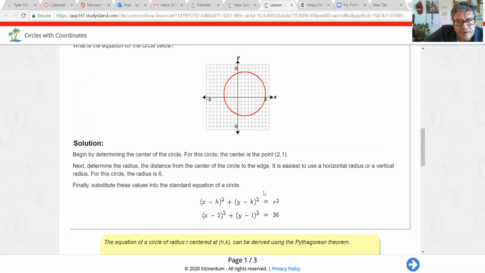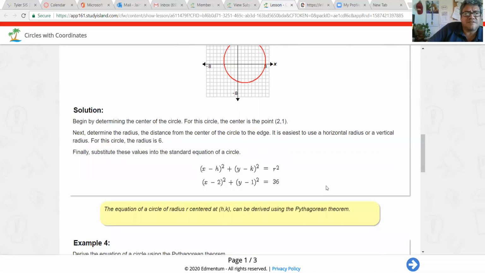So you replace the values for h and k, 2 is h, 1 is k. You put those values in, you count how far the distance is, which the radius is 6, since the diameter is 12. And that becomes your r squared, 36.